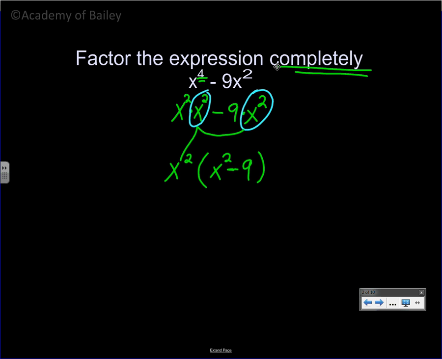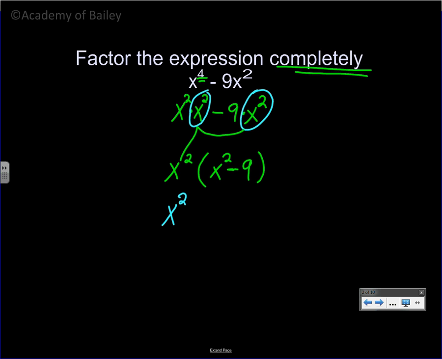And in doing this, remember, you should always know your perfect squares and know that 9 is a perfect square, and x squared is also a perfect square. So we can factor x squared minus 9, and this is going to be the difference of 2 cubes. Or, I'm sorry, those are square numbers, not cubes. But that's the difference of perfect squares.